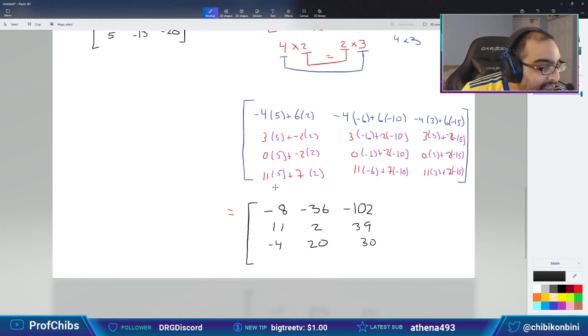Here we get 55 plus 14, so that's 69. Negative 66 minus 70, that's minus 136. And here we get 33 minus 105. So let's see, what is that? That's going to be 28 minus 72.